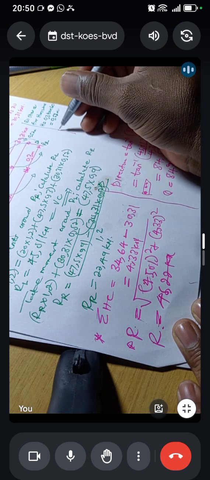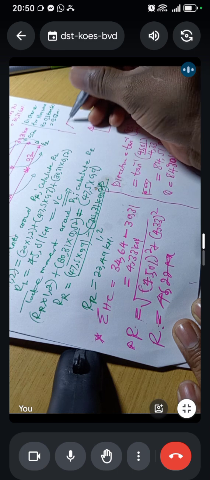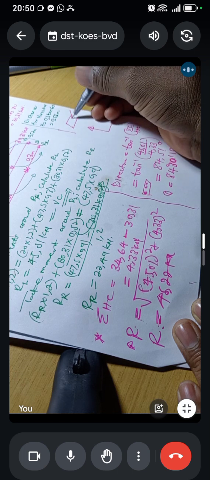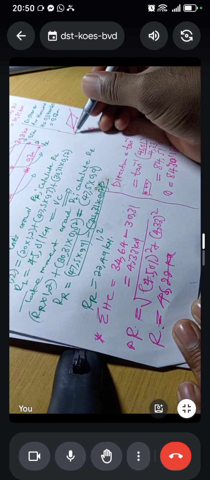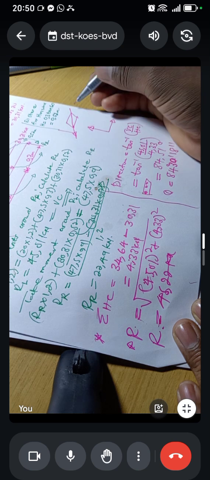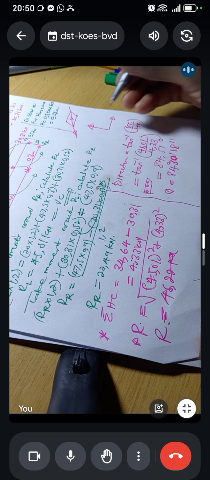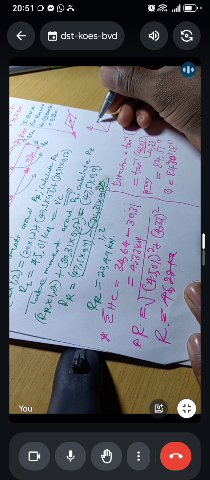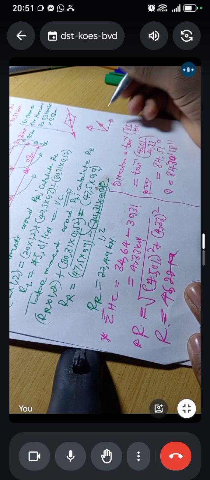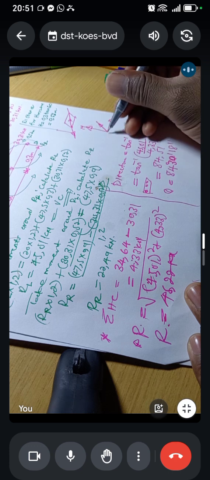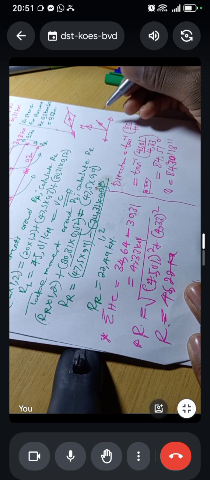So now in the resultant, what's going to be the direction? If we have north, west, east, and south, what is the direction of that? Northeast. So that means your direction is going to be northeast. That's how you calculate it.